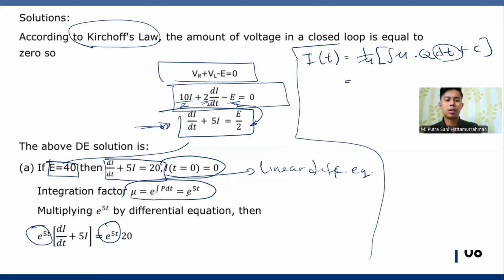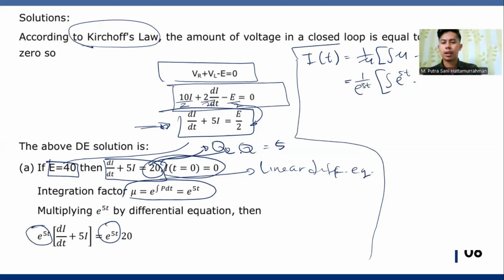So we substitute the integration factor: 1 over e to the power 5t multiplied by the integral of e to the power 5t product q. In this linear differential equation, q is 20, so product 20 dt plus c.